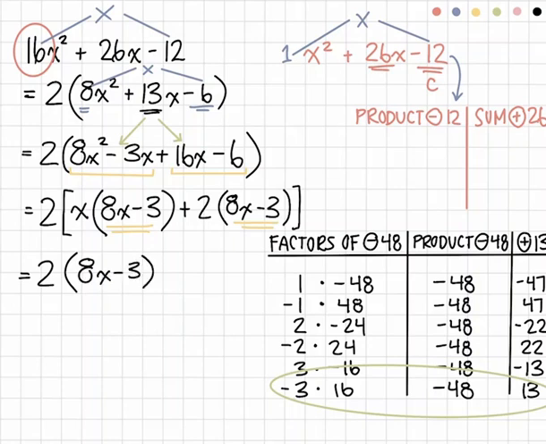And then I'm going to look at my remaining terms, which is x plus 2, and I'm going to write that in my second set of brackets. And that's it. Let's do another few examples so you can get used to multiplying the A term and the C term for your product, and also so you can get used to splitting that middle term.